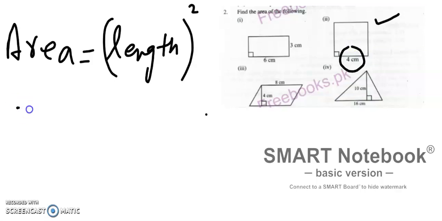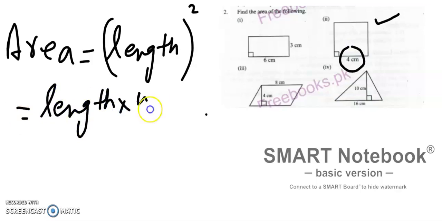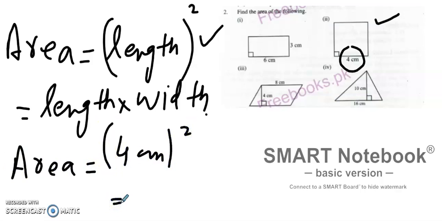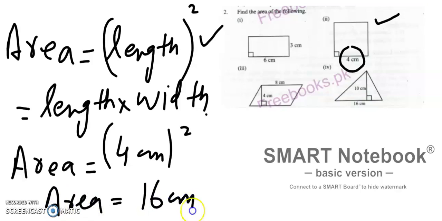So actually this one is the formula, length multiplied by width, but in the case of a square, width is equal to the length, that's why we write area is equal to length square. Okay, so area in this case will be 4 centimeter whole square. So the area of this square is 16 centimeter square. So this is your second part.